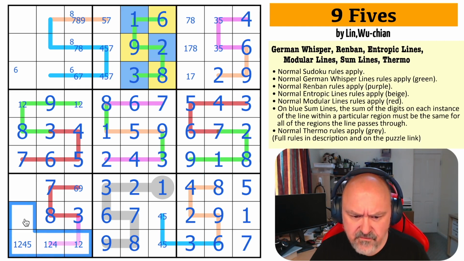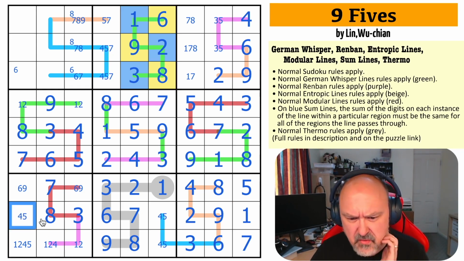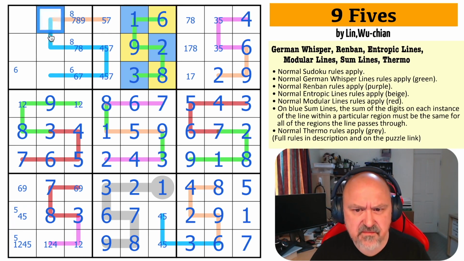One, two, four, five, six, 9. In fact, this is a 6, 9 pair in the row, and this is a 4 or a 5. So there's a 5 in here. So 5 is up here somewhere.